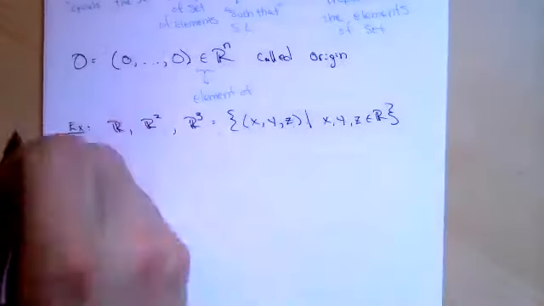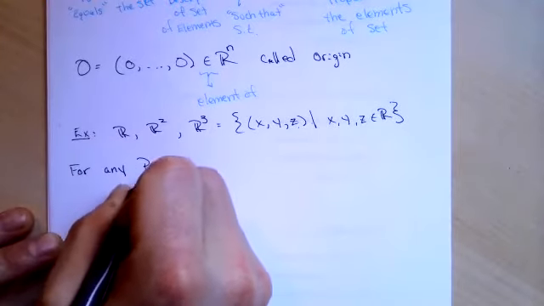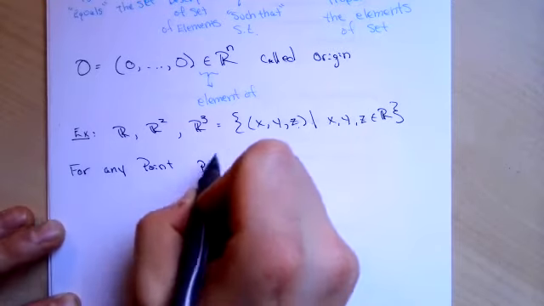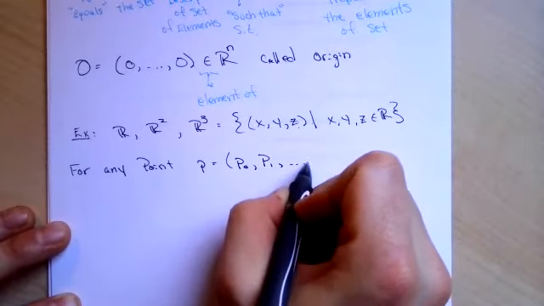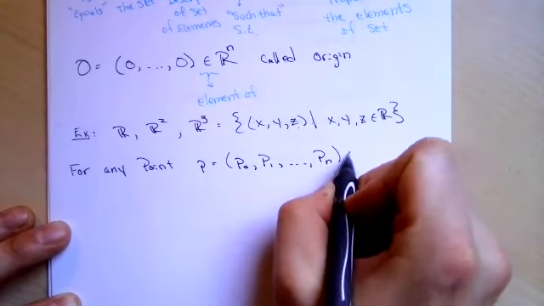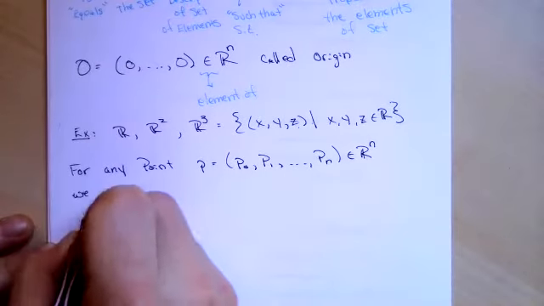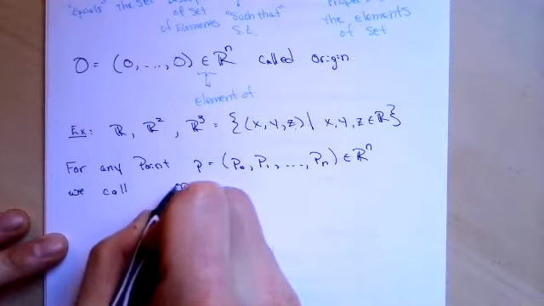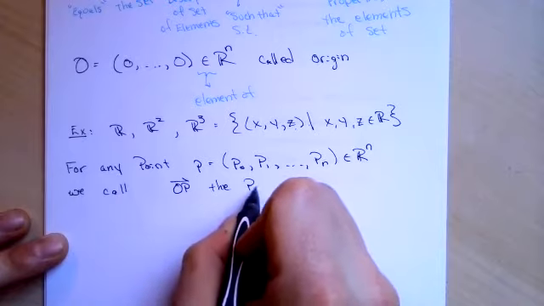So for any point P, which will have certain coordinates, we call the vector from the origin to P the position vector.